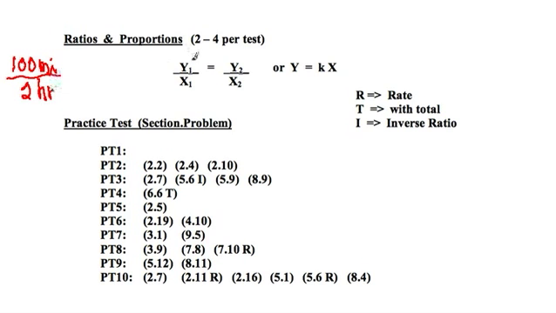And a proportion shows the relationship between two ratios. For example, if you need to go 300 miles, how many hours will it take?